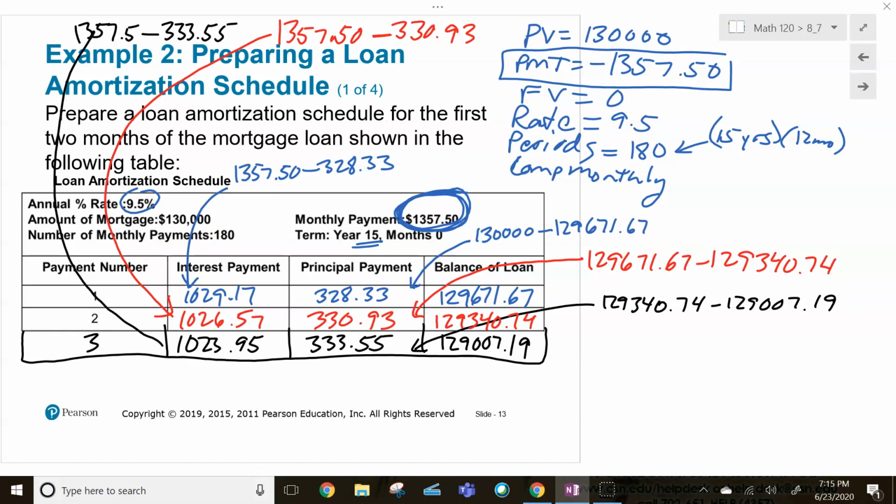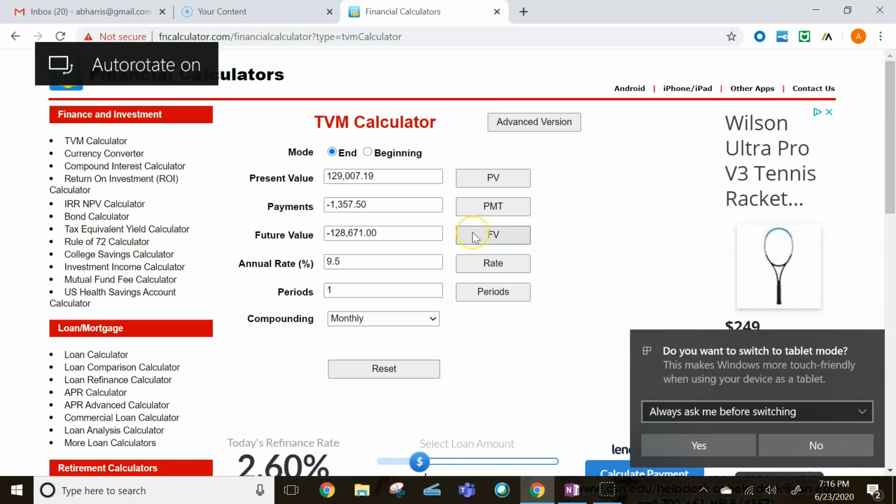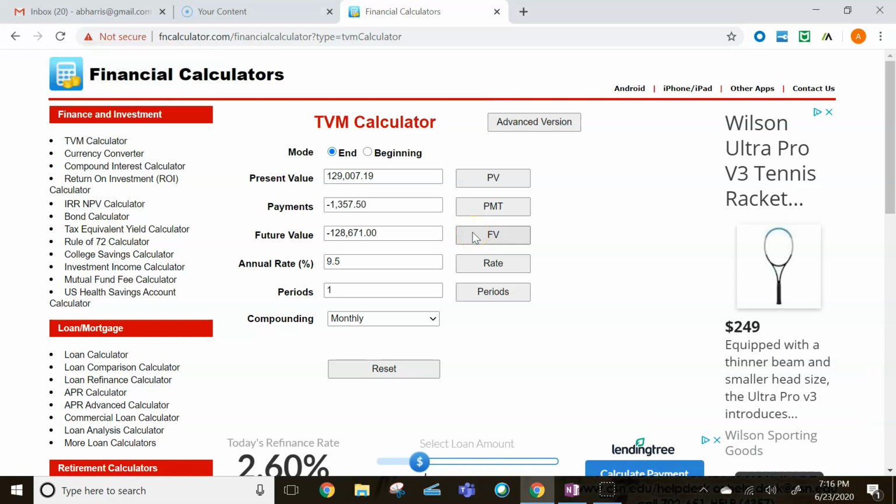One more time. So now I put this up here because this is what I owe. I now owe 129,007.19. I'm still going to make that same payment, one payment at 9.5%. So I've got to solve for that one right here. I've got to click future value. 128,671 is what I now owe.